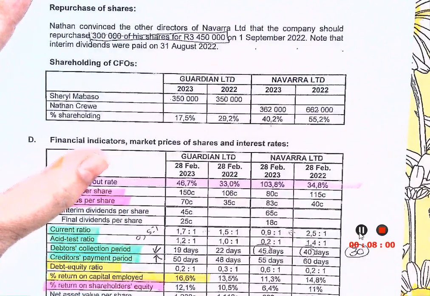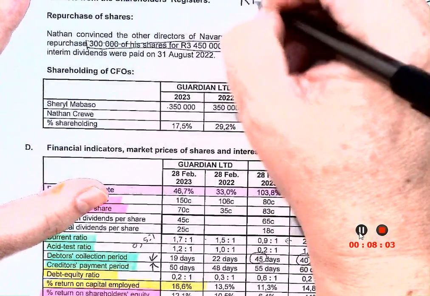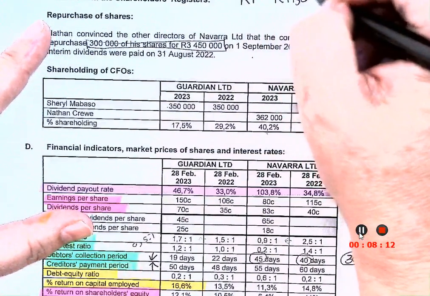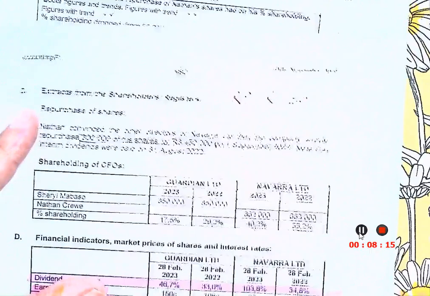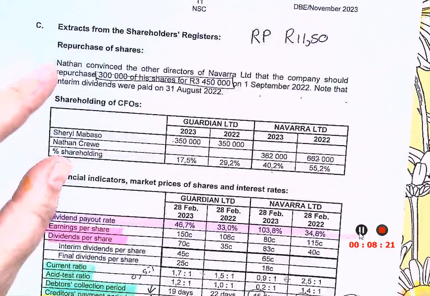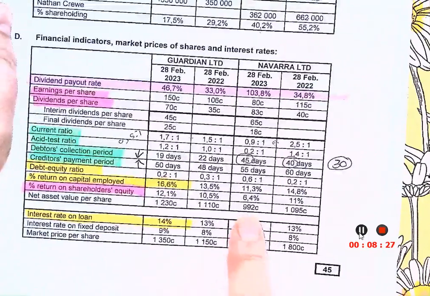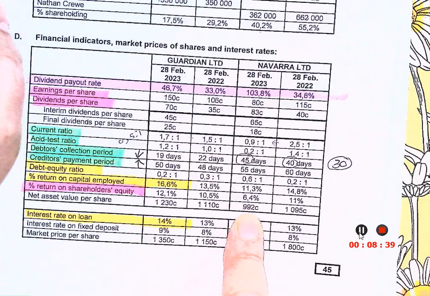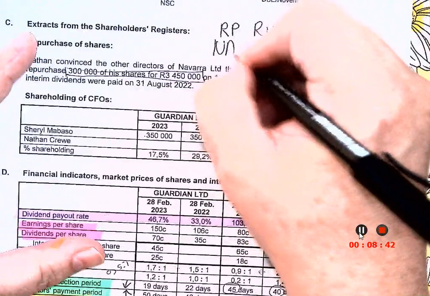So I have the repurchase price, which they have already calculated for me as 11 Rand 50. Okay? So that's the repurchase price. Now let's quickly go look: what is the NAV? Do they give me the NAV? Can you see? The NAV is 9 Rand 90. Okay? So if you look at that, the NAV is 9 Rand 92.